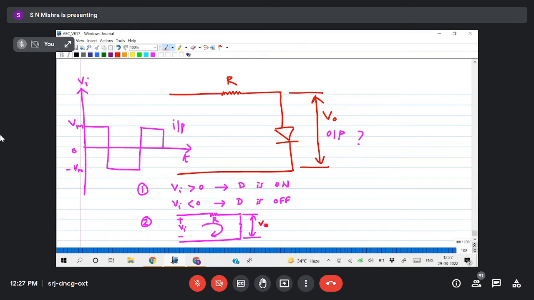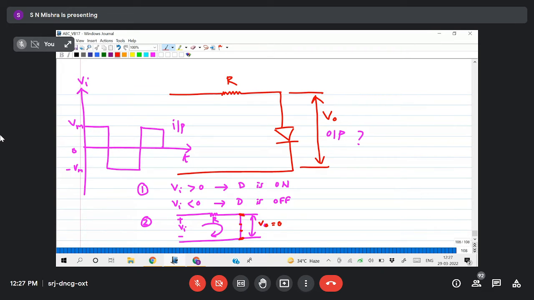V0 means the potential between these 2 points. These 2 points are shorted. So what is the potential difference between these 2 points? 0. Both points are shorted, so the potential difference is 0. So directly you can find 0.